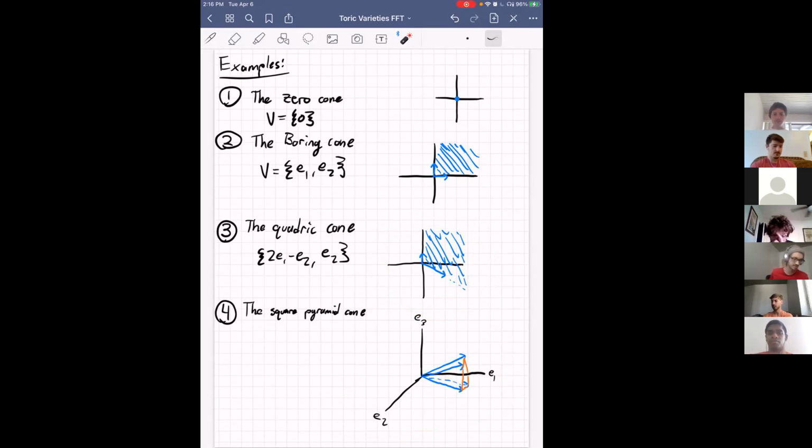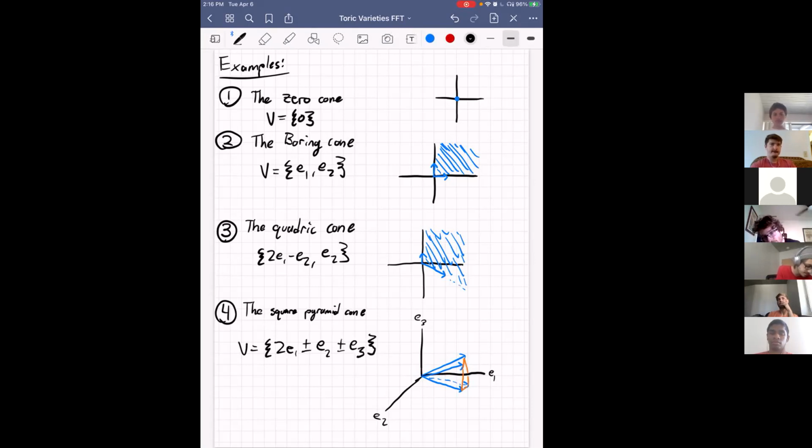And then I wanted to give an example of a cone in 3 dimensions. So I've done this square pyramid cone that's badly drawn right here. You can see me trying to put the square here. My vectors are going to be the set of 2 times e1, so I'm going to the x, and then plus or minus e2 plus or minus e3.